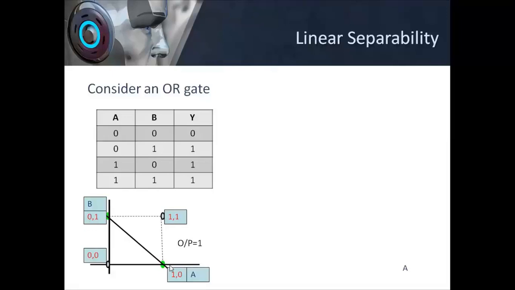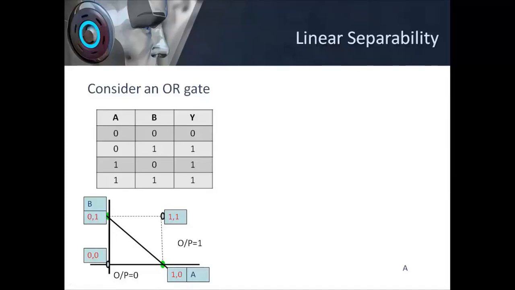Now if I want to use a line to separate the two regions of the output, where output is 1 in one region and output is 0 in the second region, I can clearly draw a line just at this point where these values are over, and I can divide it into two regions.